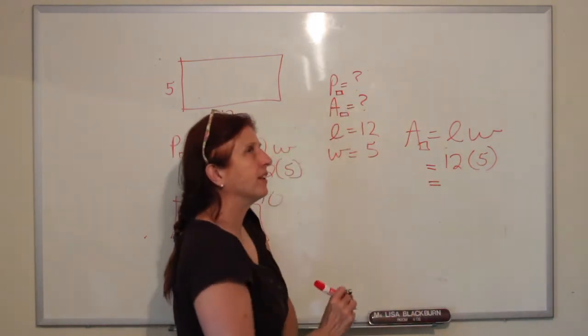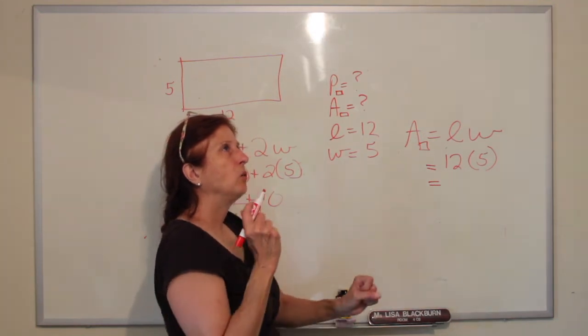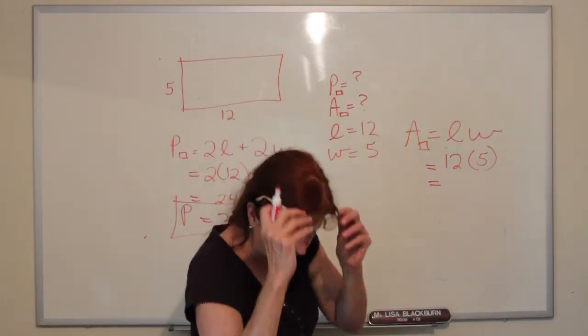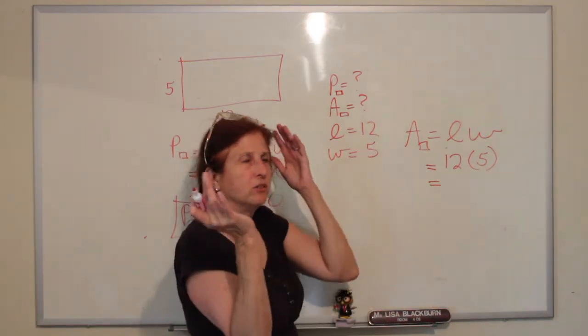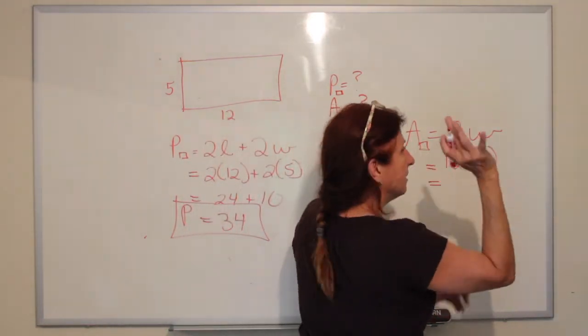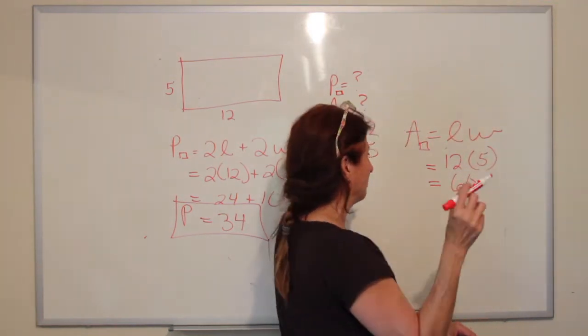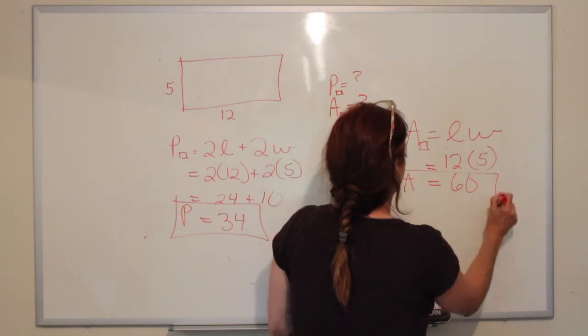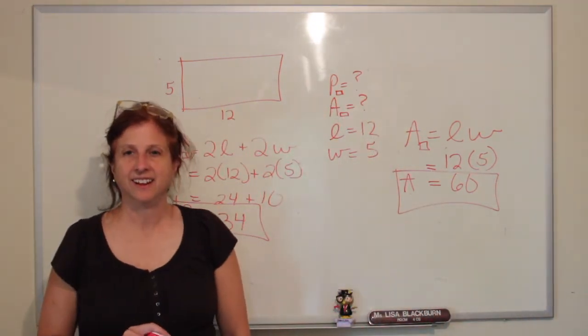Let's see if I can figure that out. Is it 175? See if I'm right. Nope, it's 60. I should know my 12 tables. All right. So the area is 60. 12 times 5 is 60.